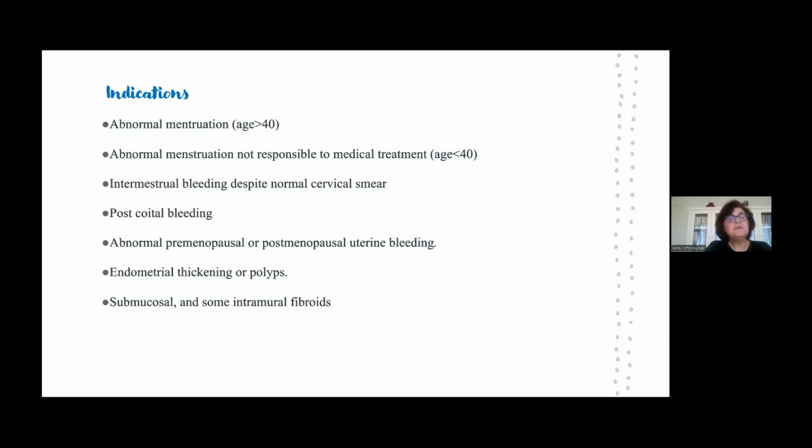The indications include abnormal menstruation age above 40, abnormal menstruation not responsive to medical treatment age below 40, intermenstrual bleeding despite normal cervical smear, postcoital bleeding, abnormal premenopausal or postmenopausal uterine bleeding, endometrial thickening or polyps, submucosal and some intramural fibroids.